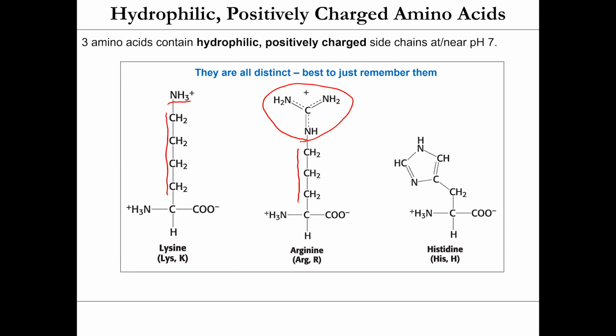And then histidine has an imidazole group at the end of just one methyl group, basically coming off of what would be alanine. So 3 different positively charged amino acids: lysine, arginine, and histidine.